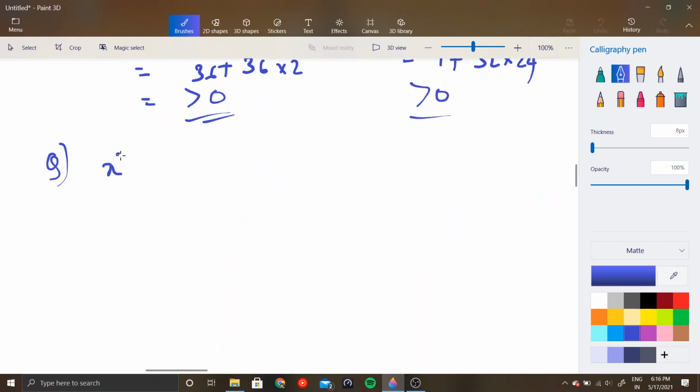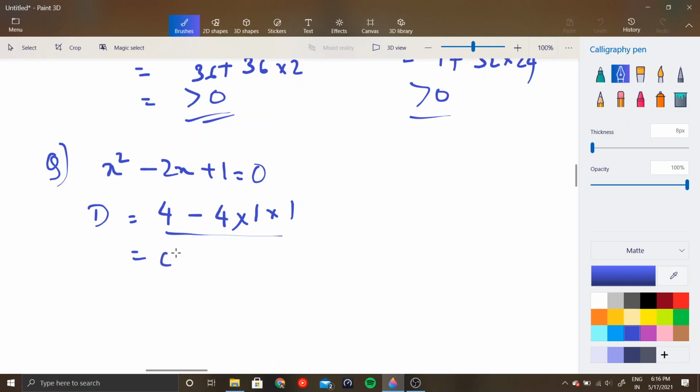Let's look at this. X square minus 2x plus 1 equal to 0, right? In this case, discriminant is b square, b square is 4 minus 4 times a into c. Basically, it results to 0. So in this case, roots are real and equal.